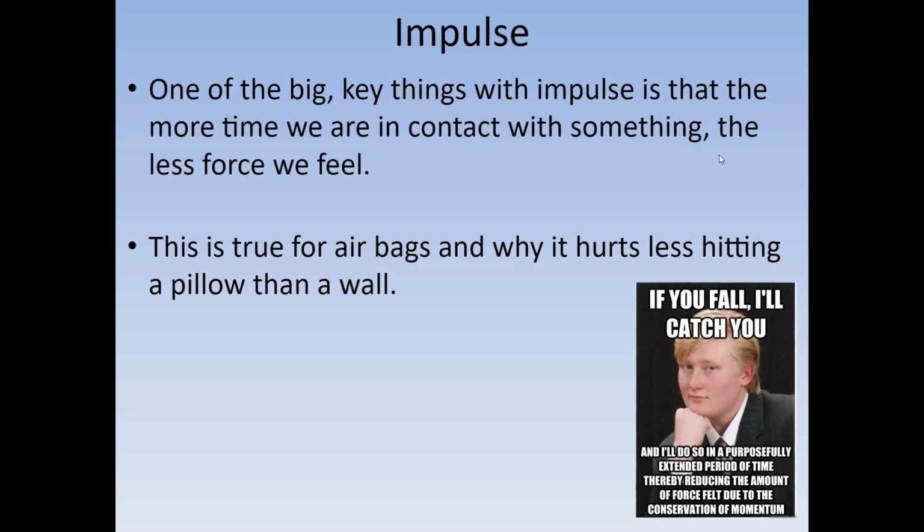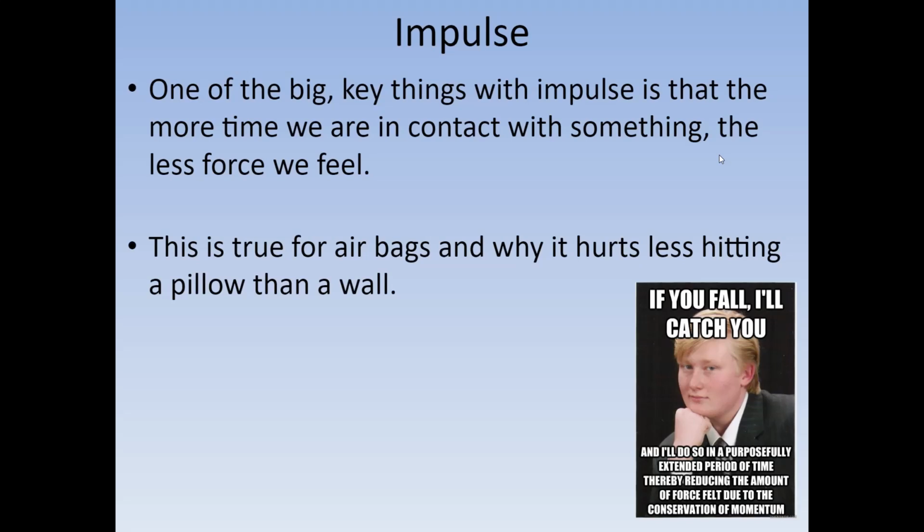Now, if we consider two different cars crashing into these two items, let's assume that the two cars are identical. They're traveling with the same initial speed and they have the same mass. When they crash and come to a stop, both of the cars will have this exact same impulse because they start with the same momentum, same mass and velocity, and then they'll both end with zero momentum. So their impulse will be the same.